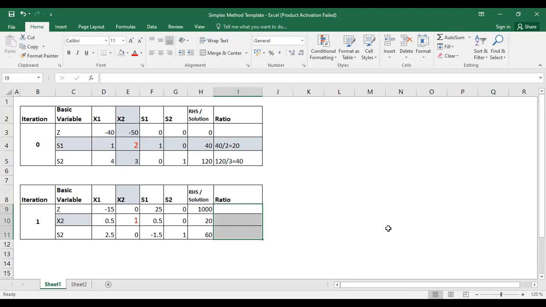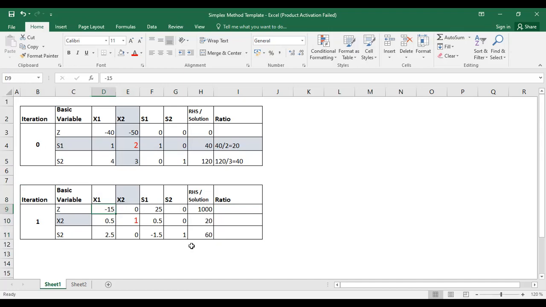I told you that before you can do a subsequent iteration, that is when you have to go and find ratios and find the pivot column and pivot row and all that. So when you do it up to this point, you can assess whether you have reached optimality. And we said that no, we still have a negative value here. And so we have to move on.